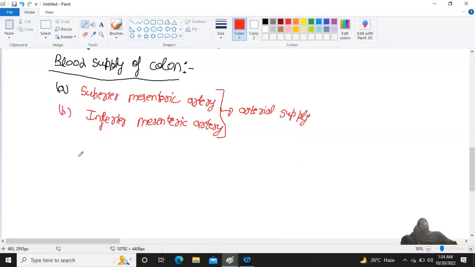And for venous supply, similarly, the superior mesenteric vein and inferior mesenteric vein, which are basically part of the portal venous system. So we can write venous system also: superior mesenteric vein and inferior mesenteric vein.